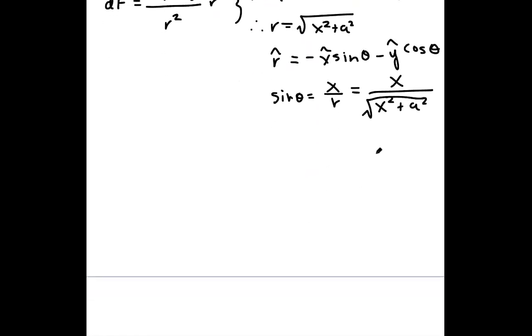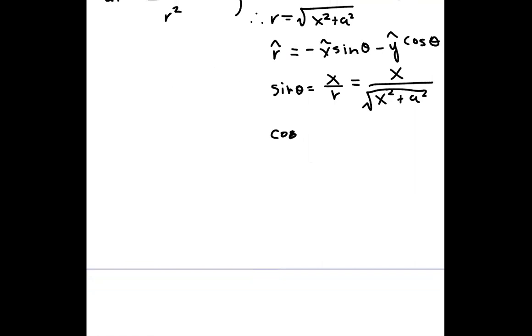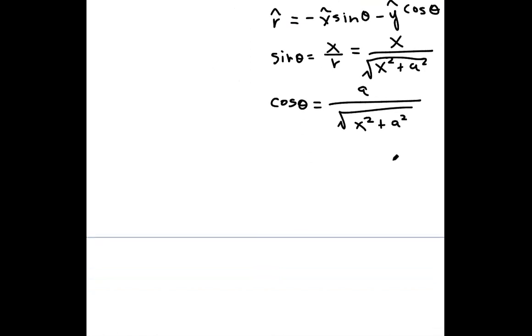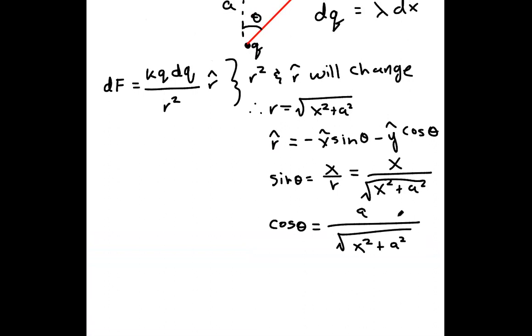Now we look at cosine theta. Cosine theta is equal to a over the square root of x squared plus a squared. All right, there we go. And so now we have everything in terms of a and x.